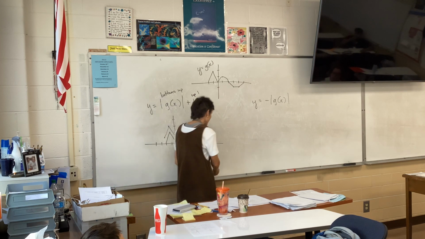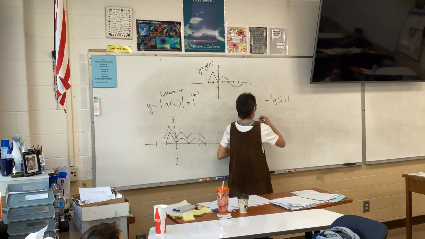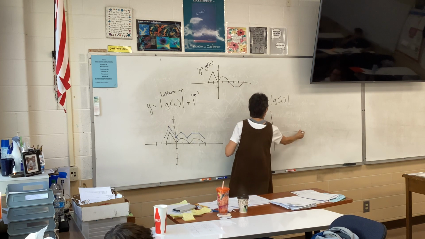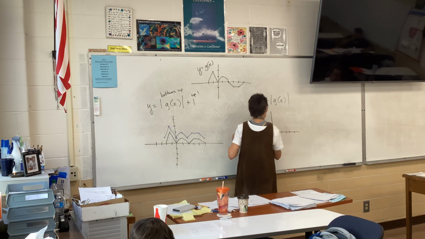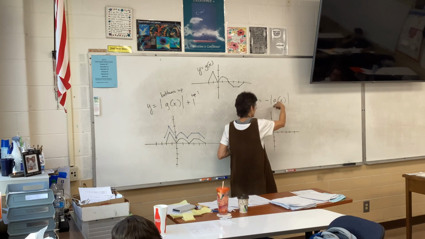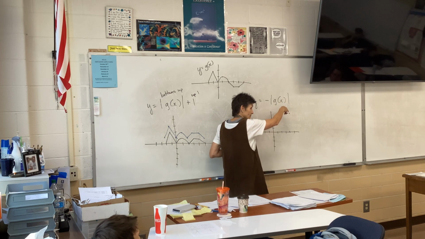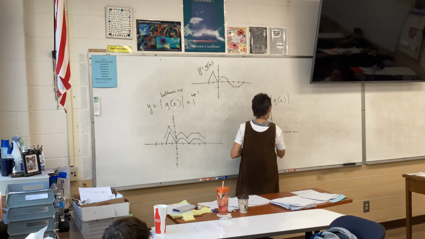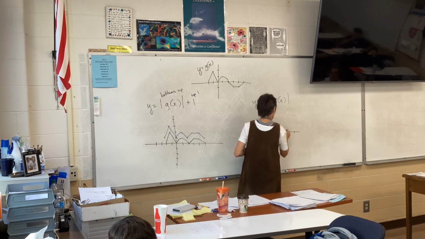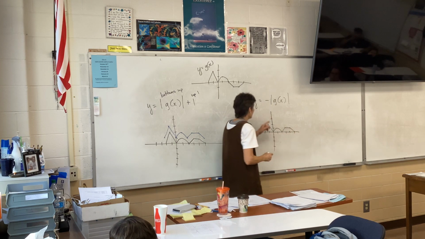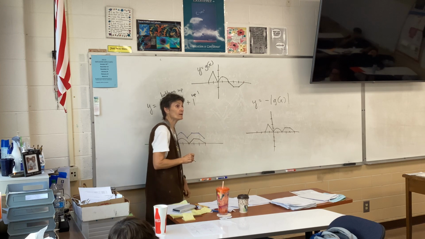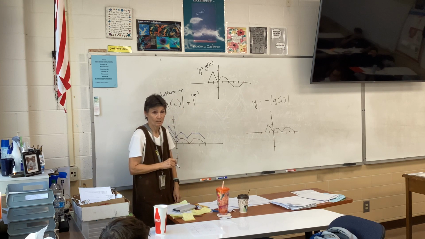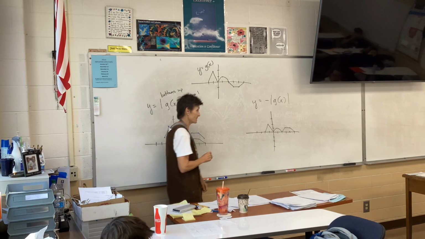Now, what happens with this one, guys? What do I do here? Exactly. This says take the absolute value, which is bottoms up. So, okay, I'll draw that again. Okay, there's bottoms up. But what does a negative out in front do? Upside down.